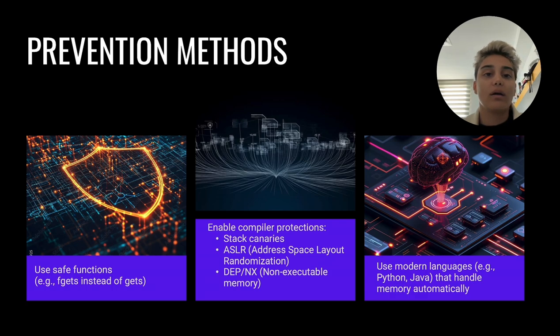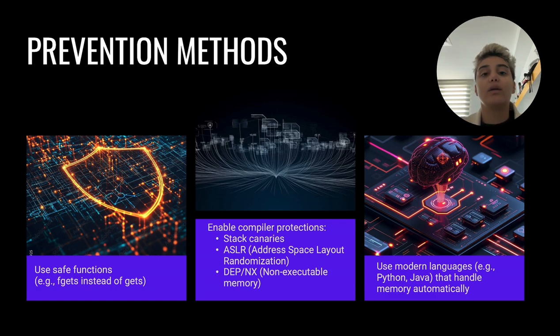ASLR, address space layout randomization, randomizes memory locations to make it harder for attackers to predict where to inject the code. DEP or NX bit marks memory as non-executable, stopping code from running in data-only areas.